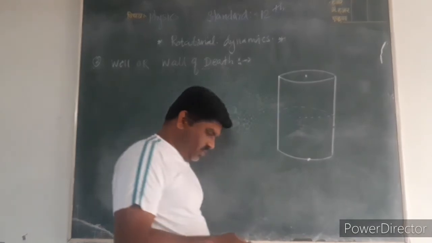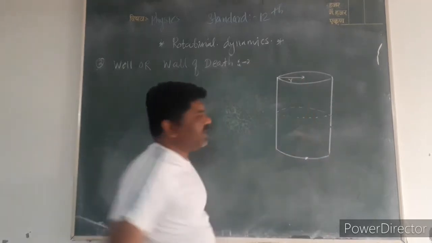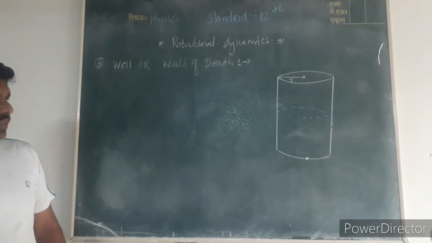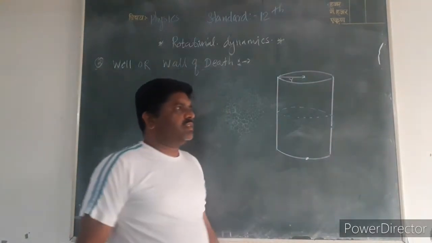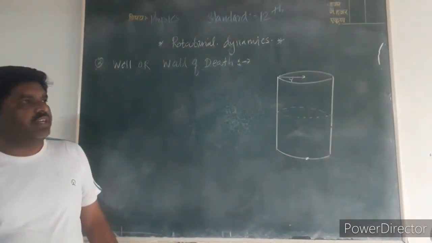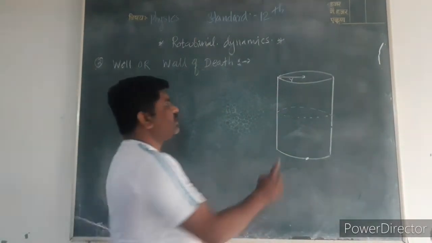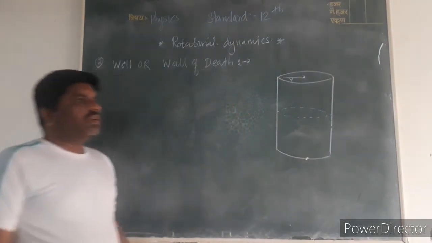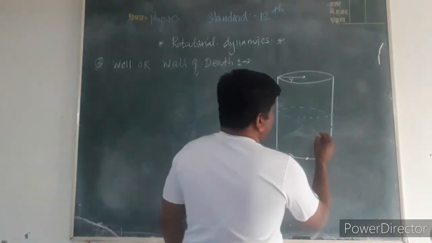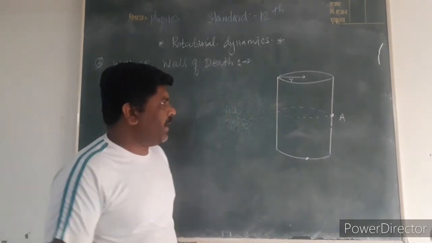Suppose we consider the radius of that vertical cylinder or wall of death is r, and the vehicle revolves inside this wall of death or vertical cylinder, but the motion of that vehicle is horizontal, and that is also called a stunt.